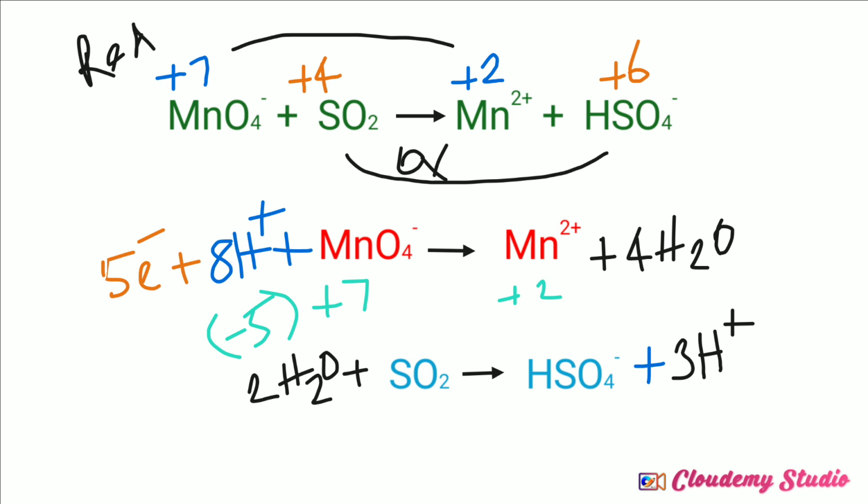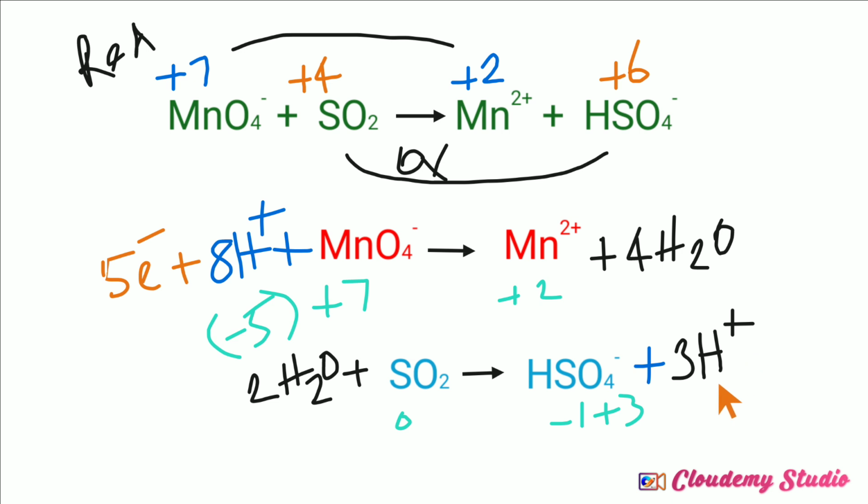The left hand side charge is 0. But on the right hand side, here it is minus 1, here it is plus 3. So together that is plus 2.